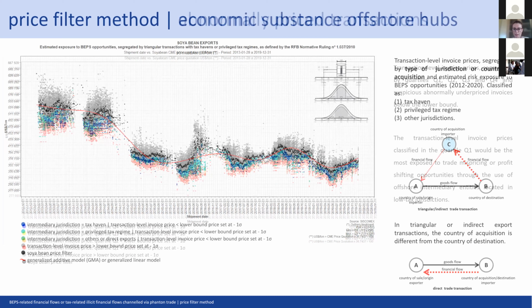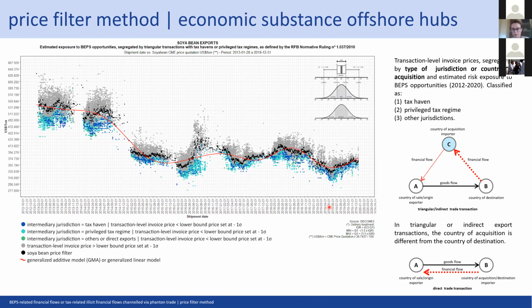So as an initial proxy to assess the economic substance or artificiality of the intermediary entities potentially used as reinvoicing centers, the transaction level invoice prices plotted in the chart that were considered at a high risk exposure to trade mispricing or profit shifting opportunities were segregated by type of transaction and classified as a triangular or a direct transaction. And also these high risk exposure export transactions were segregated by type of country of acquisition, which were classified as tax haven, privileged tax regime, or other jurisdictions.